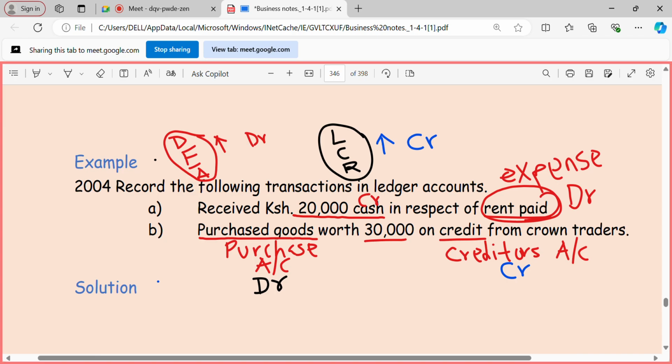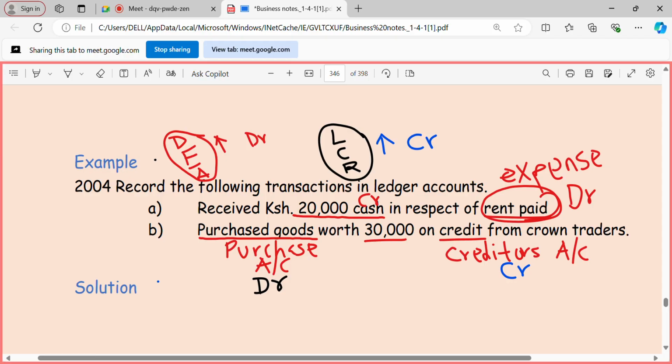Yes, Mwalimu. There is something you mentioned about rent. You said that rent is a revenue. Can you please clarify? Whatever I said was very simple and direct.